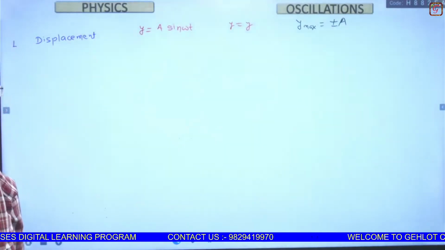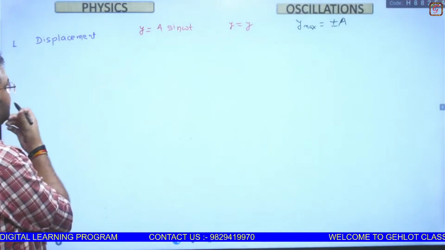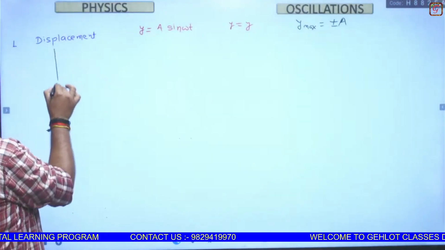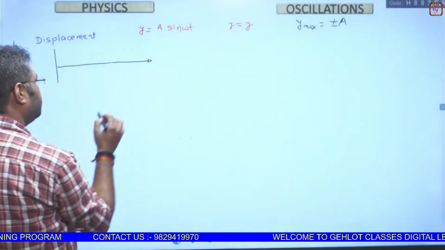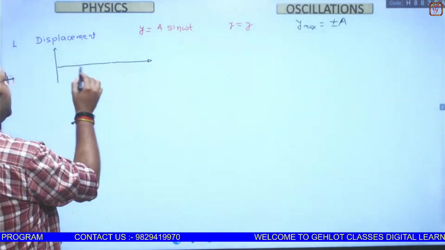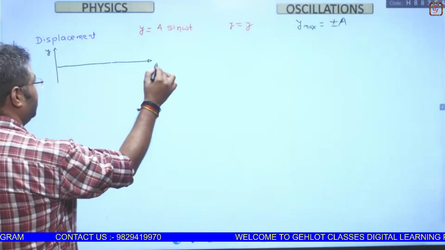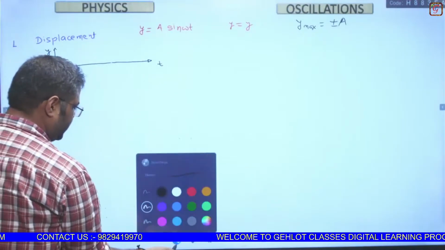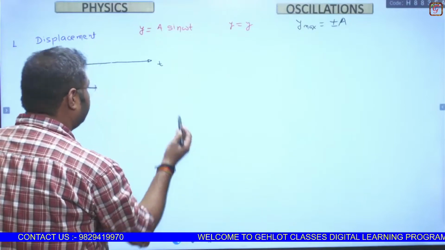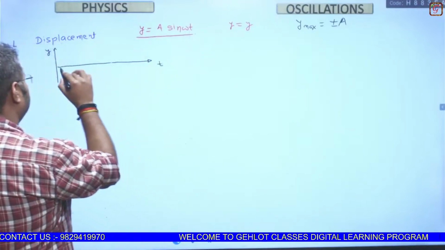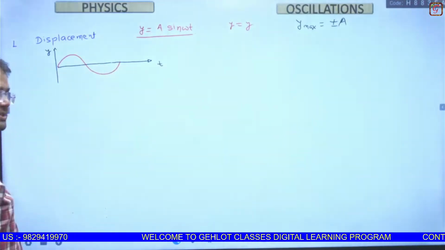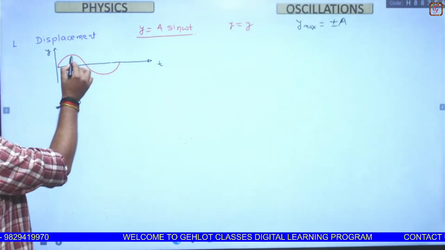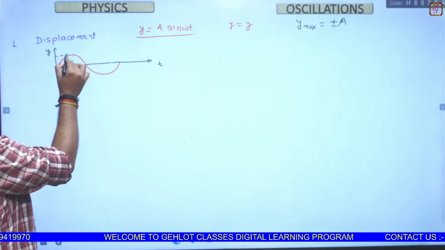Now tell me how the graph of displacement can be drawn. This is y and this is t. This is an equation of sine, so this will be a sine wave like this, and these are the extreme values.